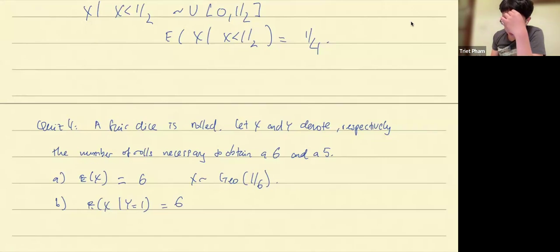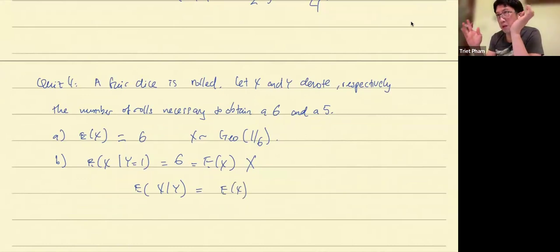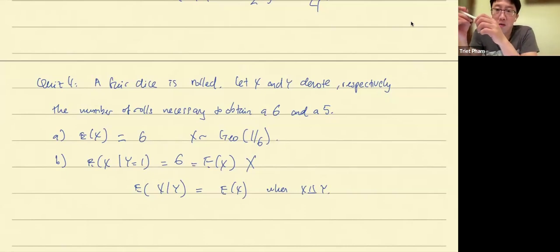If by this you try to say that this is just a representation of X anyway, then it's also wrong. The expectation of X given Y is equal to the expectation of X. There are many reasons why it can be true, but one of the most common is when X is independent of Y. If two random variables are independent, then you should remember that the probability of E given F is equal to the probability of E if E and F are independent.